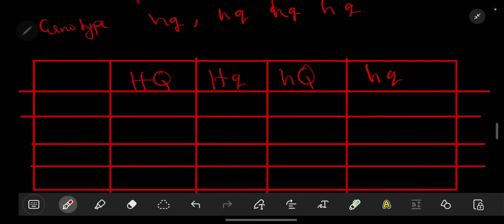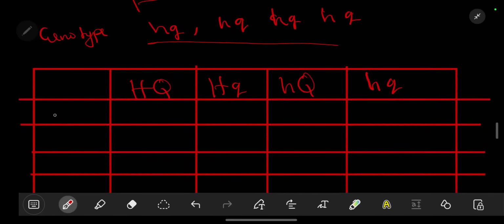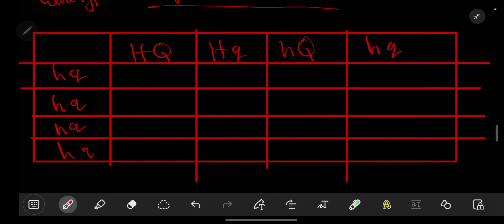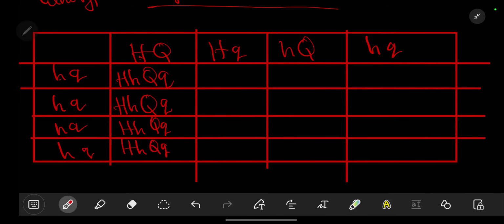Then this side we are going to put HQ, HQ, HQ, HQ. We combine our H and H, so we have H small h, Q small q. Same here, H small h, big Q, little q, repeated across the row.